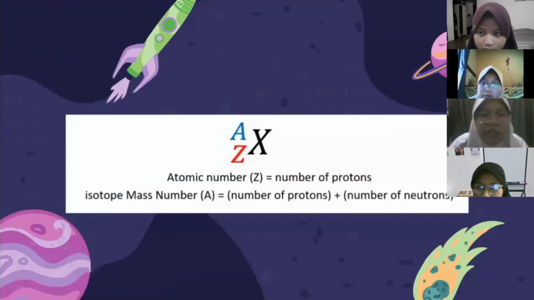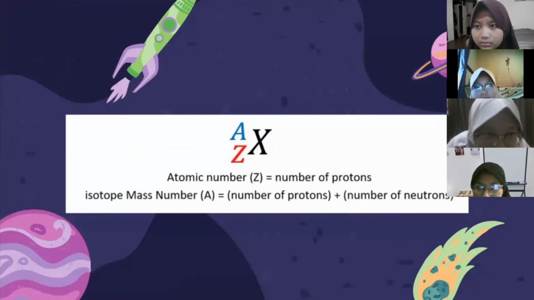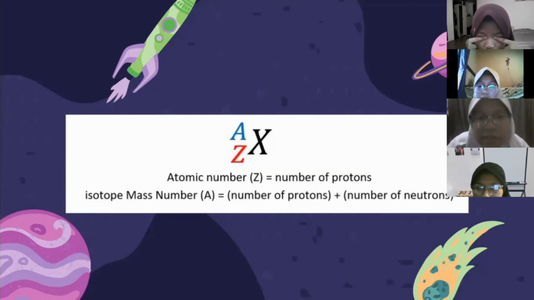Okay, this is the writing of the atom. A is number of protons, isotope mass number. I'm so sorry, I explained wrong. So A is number of protons plus number of neutrons.